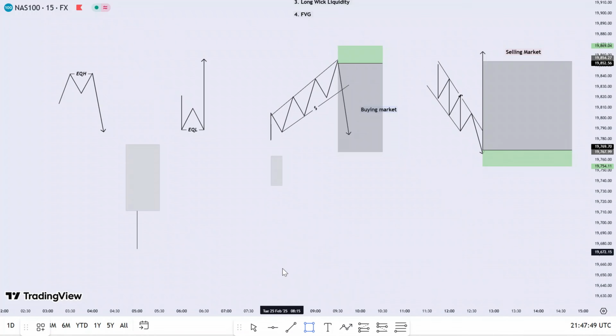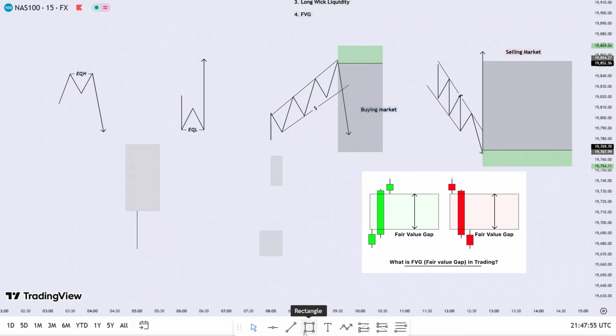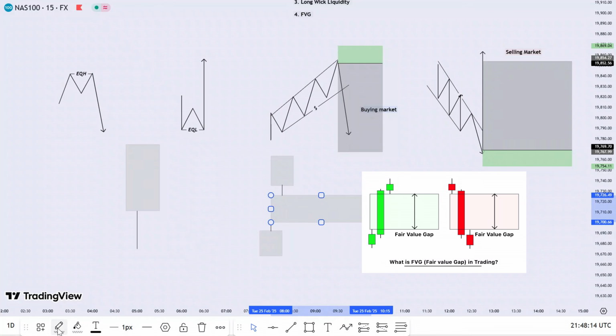So for the fair value gap, okay, let me see if I can use this to draw it. It's just the imbalance between candles. Okay, I have here imbalance, and then this space between the candles is actually the fair value gap. It's actually known as a fair value gap.